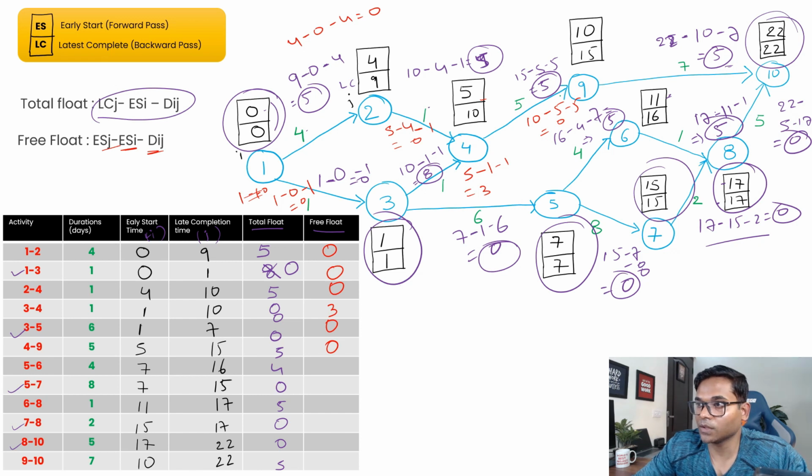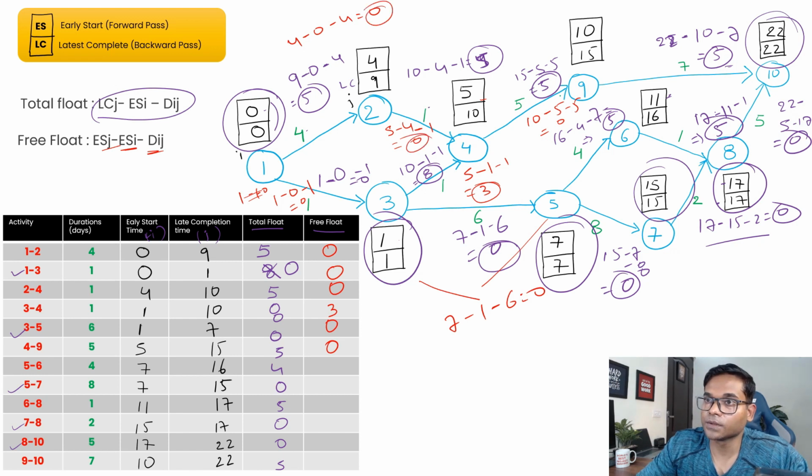To calculate this we need 7 minus 1 minus 6, that is 0, and that's 3 to 5. So 3 to 5 is 0. 4 to 9 is also 0. 3 to 4 is 3, right? Let's check that. 5 minus 1, yeah.